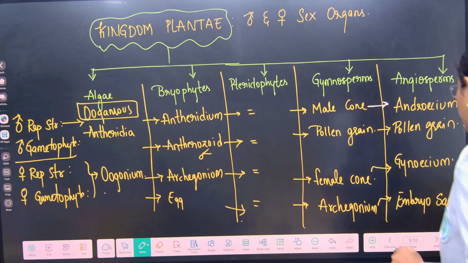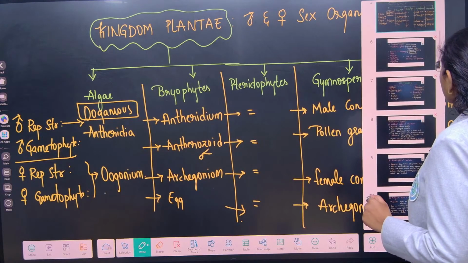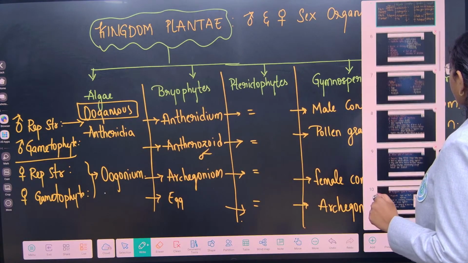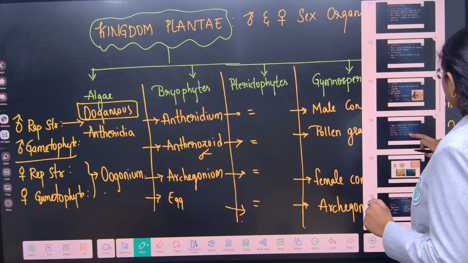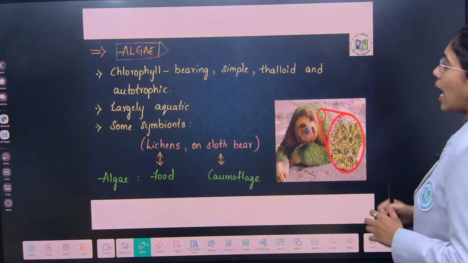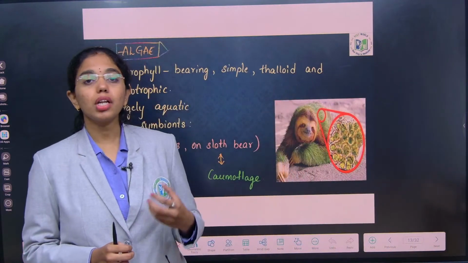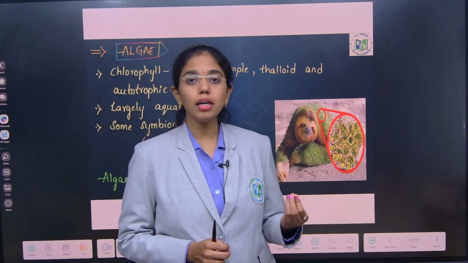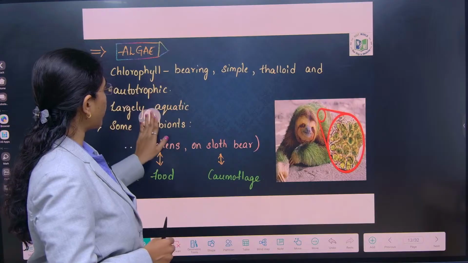Now, algae. We have already discussed that division algae includes all the unicellular, chlorophyll bearing, simple thalloid organisms.